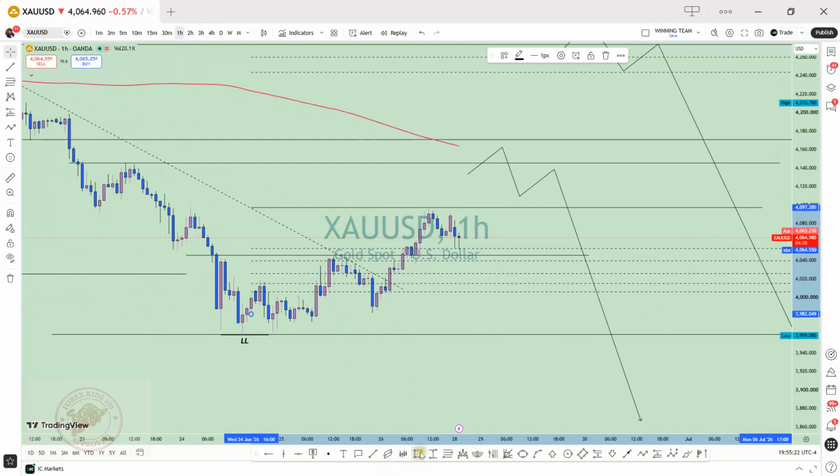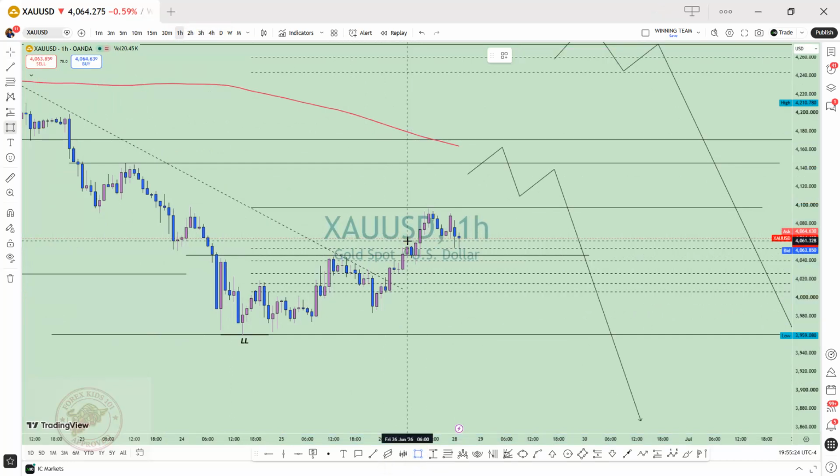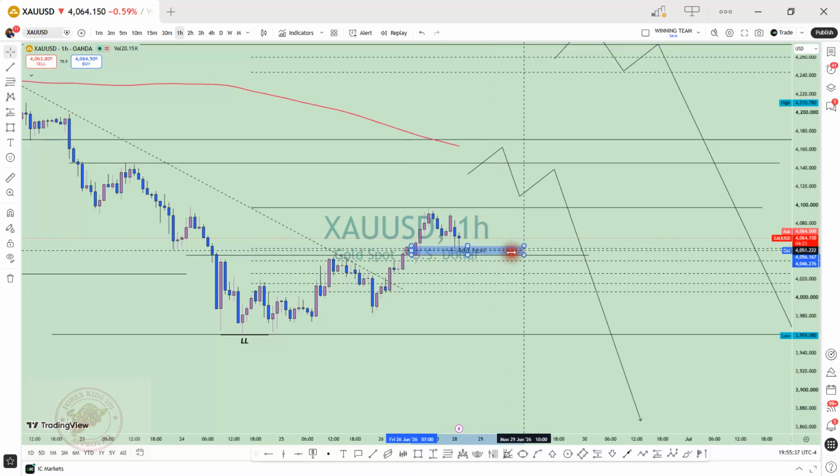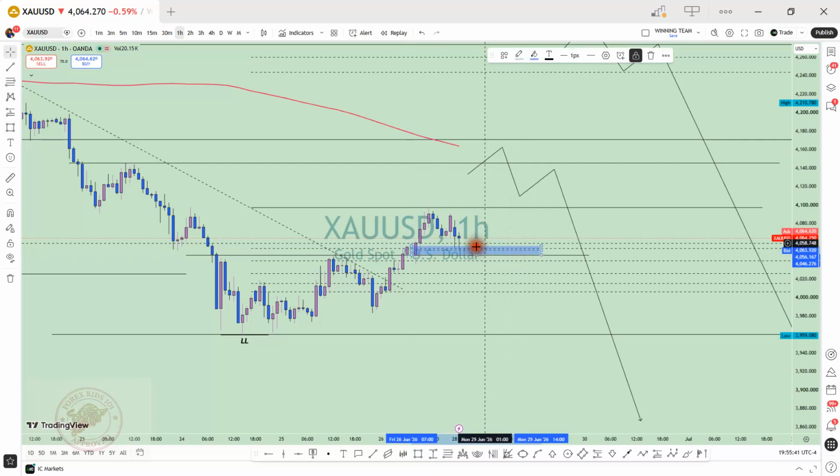So for me, I'm gonna mark this area here on gold as our POI. In fact, I'm looking for this retesting candlestick body. I'm gonna take this as our point of interest now on gold. This is gonna be our POI on gold, and then we are gonna be looking for push highs.